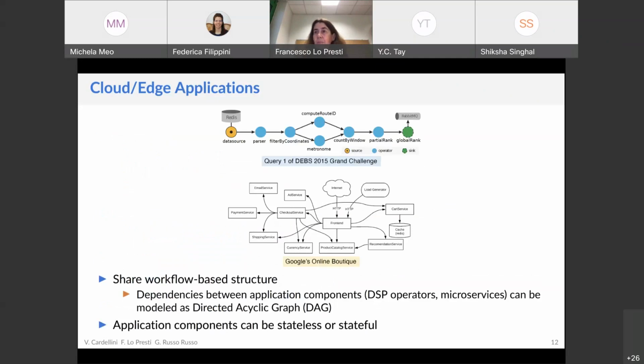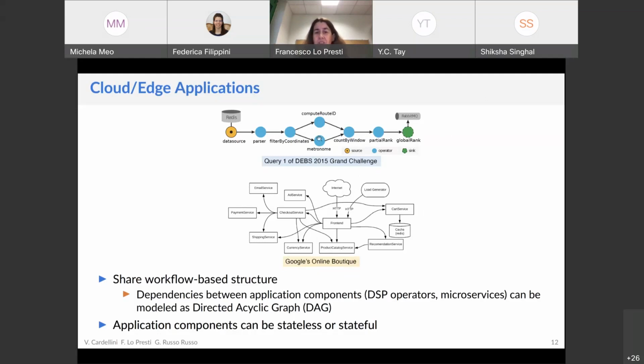They have in common a structure which is based on a workflow, as you can see here from two different examples. And the workflow defines the dependencies that you have between the application components. And usually the workflow of this application can be modeled as a directed acyclic graph.